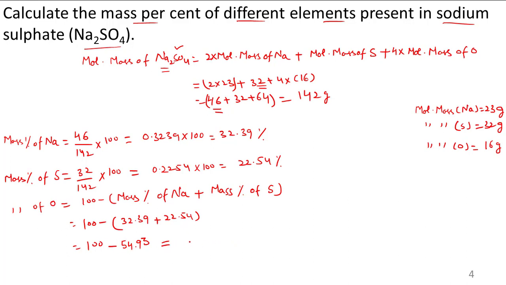If we subtract this from 100, we get 45.07%. This is the mass percent of oxygen in sodium sulfate. You also have to remember that the mass percent of all the elements of a compound should be equal to 100, because we are calculating out of 100.